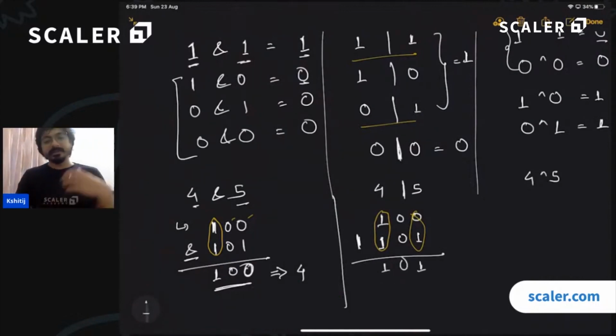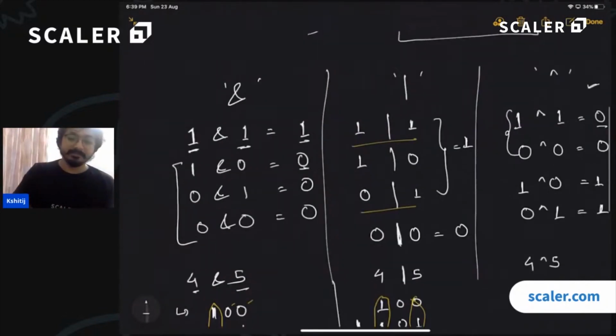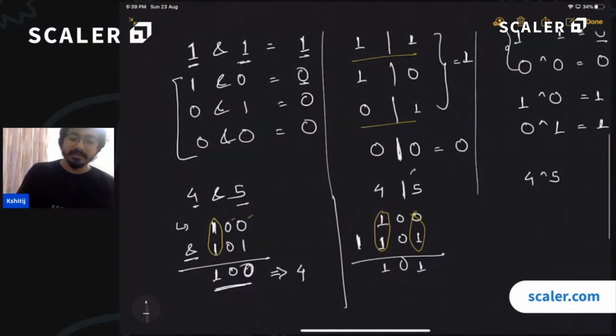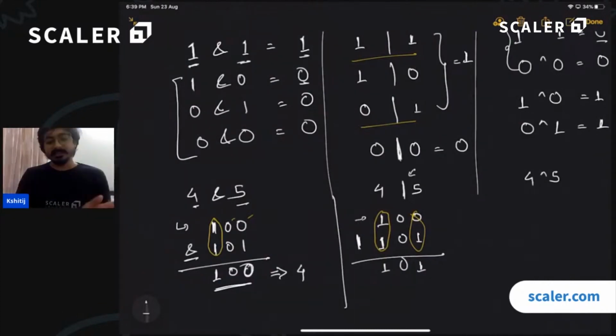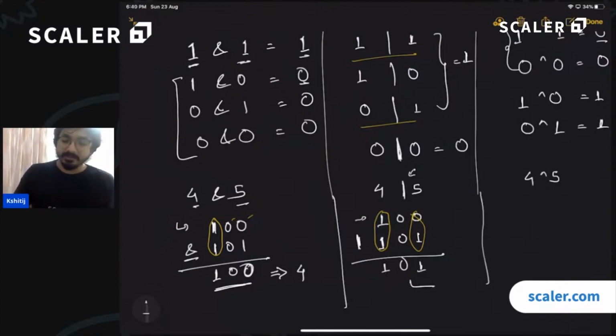So what we do is we convert both of the numbers to their binary representation, and then we do the bitwise operation, whichever operator it is, right? So if you are taking the bitwise OR of two numbers, you will just convert them to binary representation, and then for all the corresponding bit pairs, you will be doing this operation. Okay. So this is going to be 5.